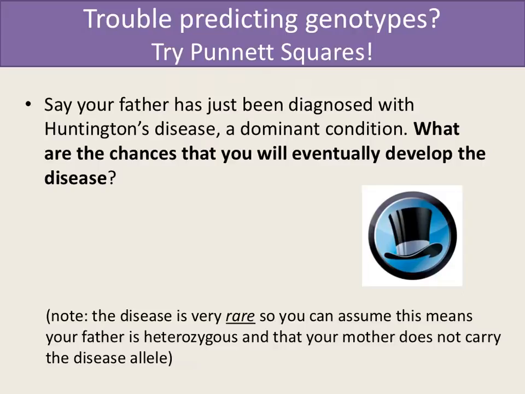So if your father has just been diagnosed with Huntington's disease, a dominant condition, what are the chances that you will eventually develop the disease? Okay, so we can do a Punnett square.